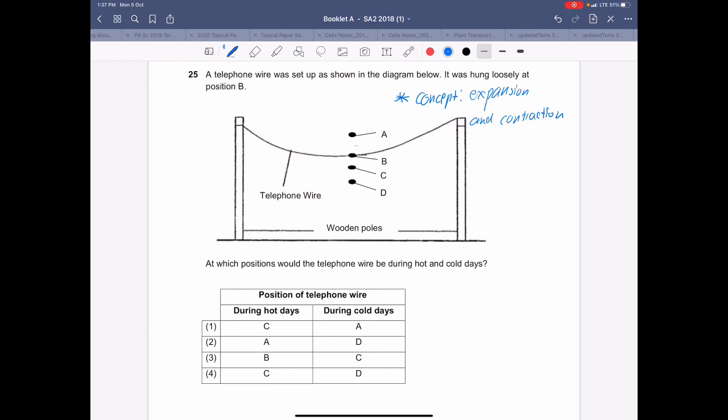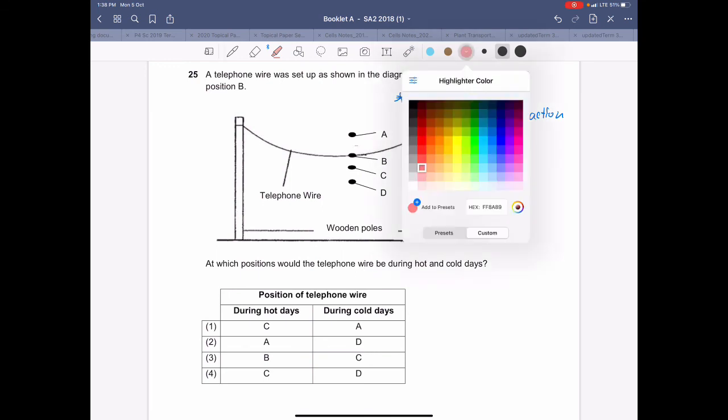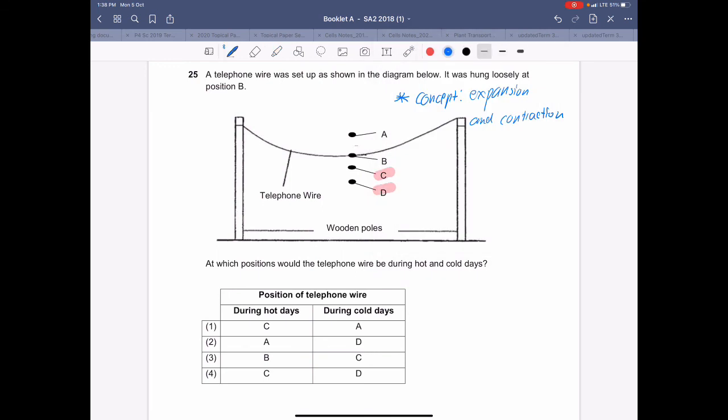So during hot days, you know that the wire will gain heat and then it will actually expand. Okay, so what are the possible positions? So we know that C and D, I'm going to use red color, C and D are possible positions for hot days. Why?